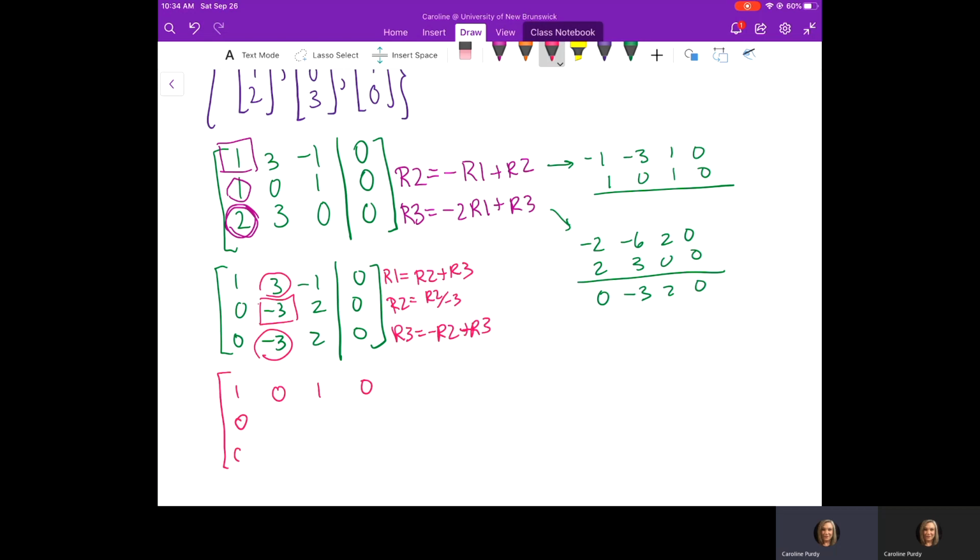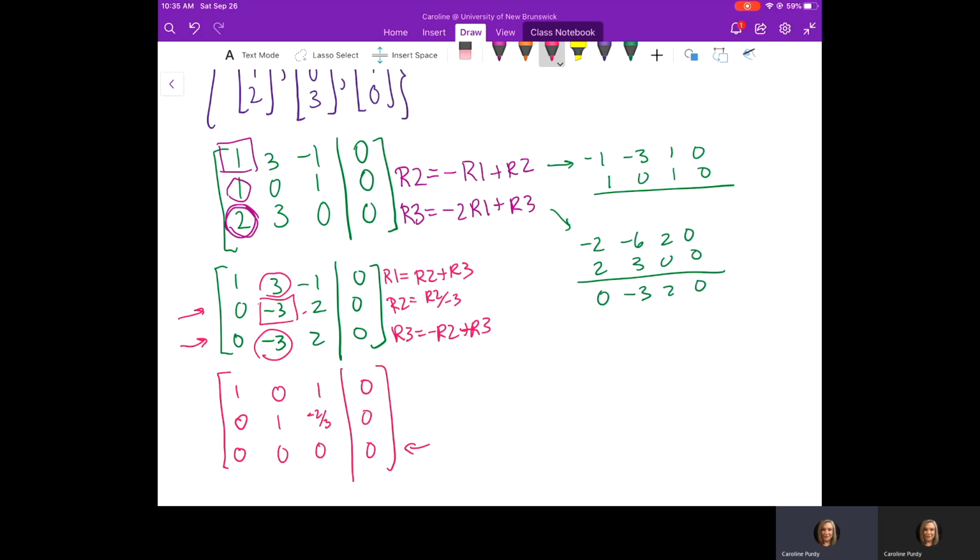Then I will subtract them here. So negative row 2 plus row 3, 0, and 0. And I get all zeros here because these two rows were the same. So when I subtract them, of course, we get zeros. And then let's just divide this one by 1 while we're at it. Okay, so this is fully reduced.